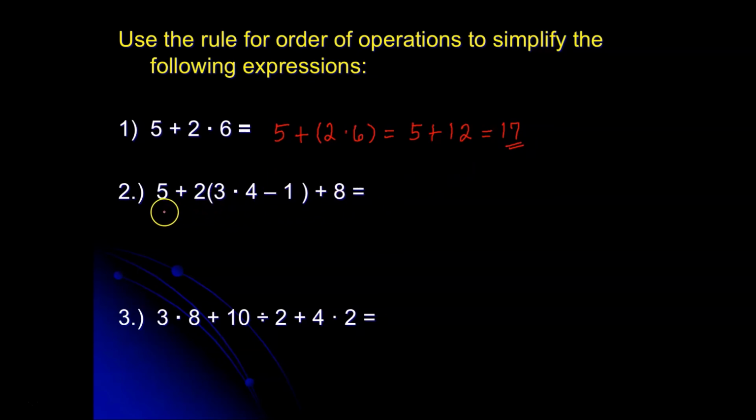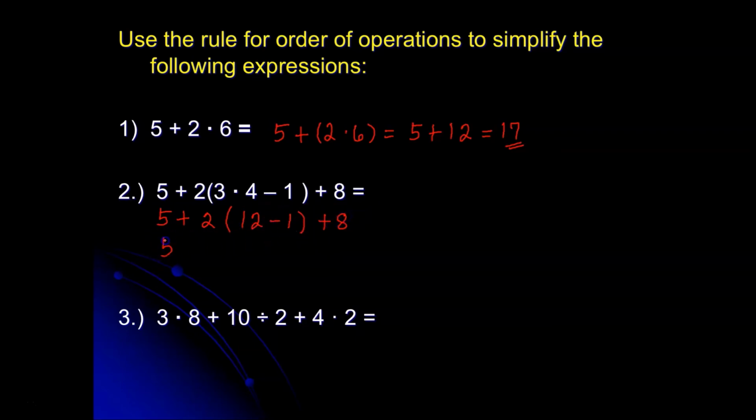Now, for the second question, you can see there is a parenthesis. First, we will simplify the one inside the parenthesis. That's 5 plus 2 times, what is 3 times 4? That is 12, and then we copy minus 1, and then plus 8.